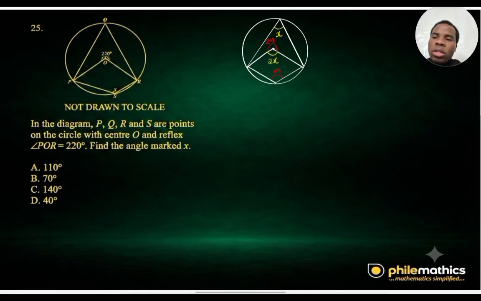We know what reflex angle POR is, and we're asked to look for the angle marked x, which is PSR. From what I've explained, to find the value of x, it simply means twice our x is what 220 is. Just the way here is m, here is 2m. Twice our x is what 220 is.